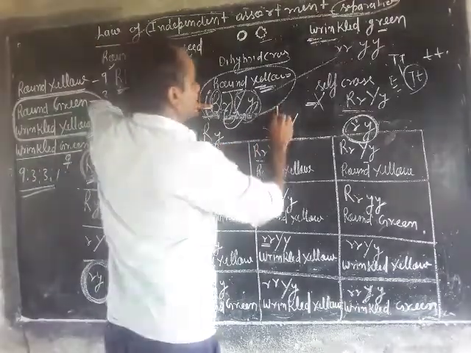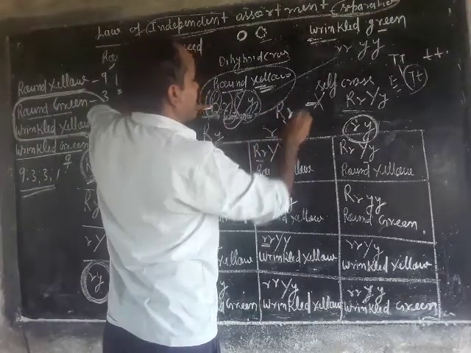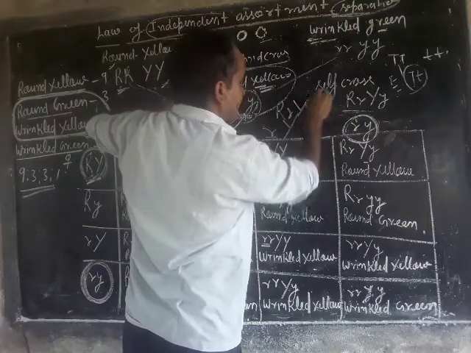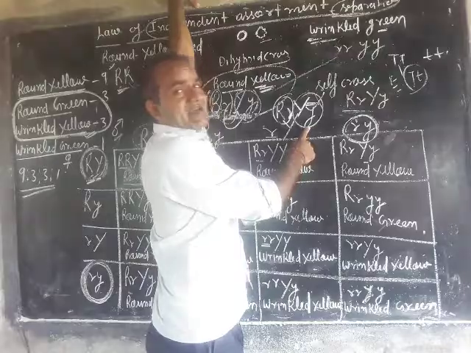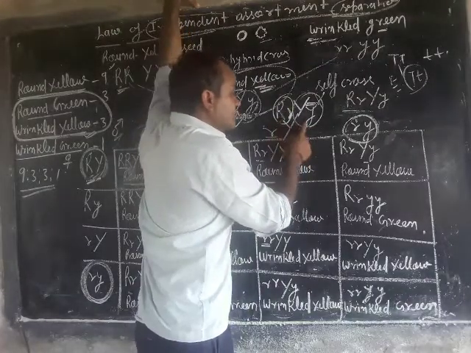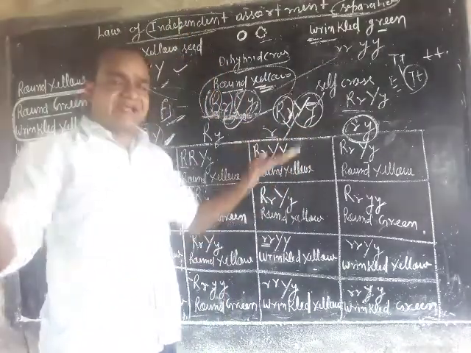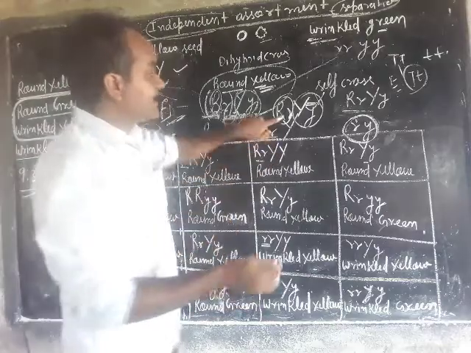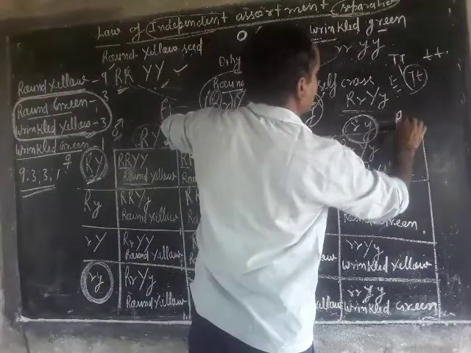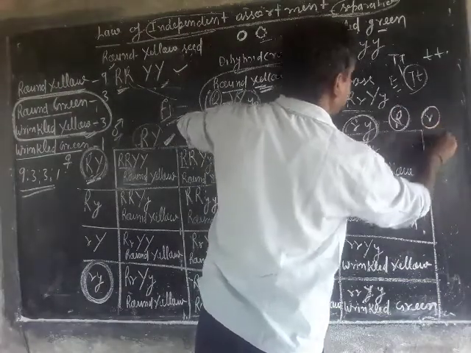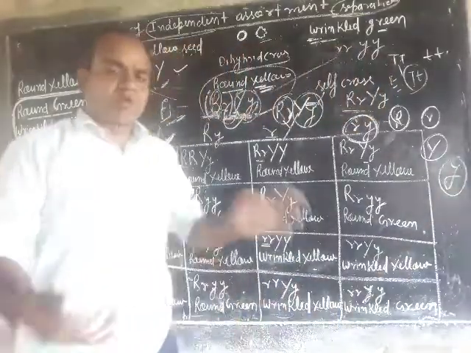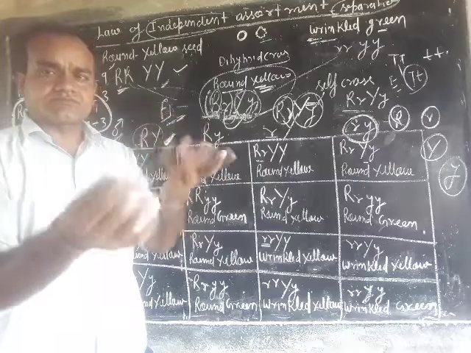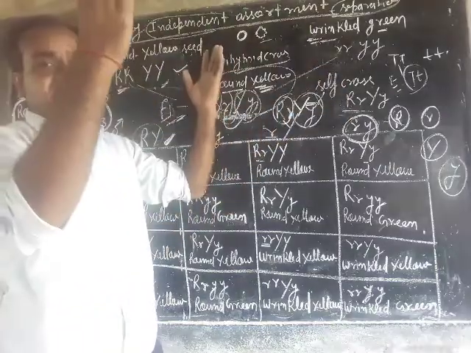This is one pair of gametes, and here is another pair of gametes. Both pairs of gametes separate from each other independently.